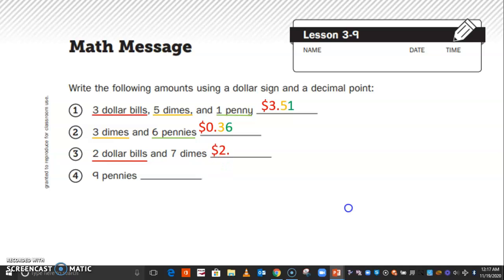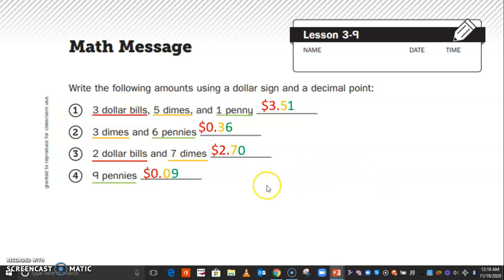So we have 2 wholes and 7 dimes. Okay, so 7 is going to go in my tenths place. There are no pennies. We have to add the 0 there to hold the place though. Ooh, look at this one. 9 pennies. Okay. 0 wholes, 0 tenths, and then our 9 pennies.